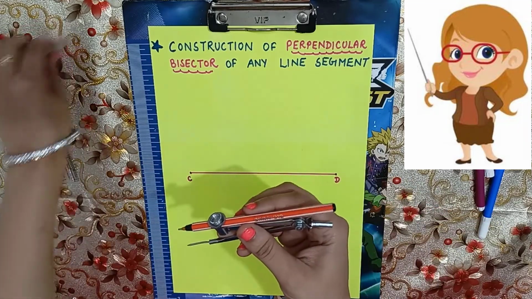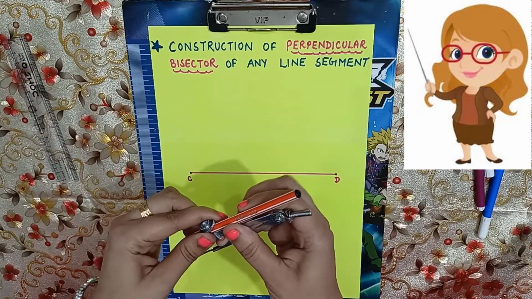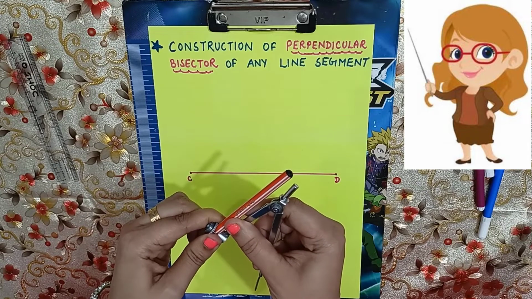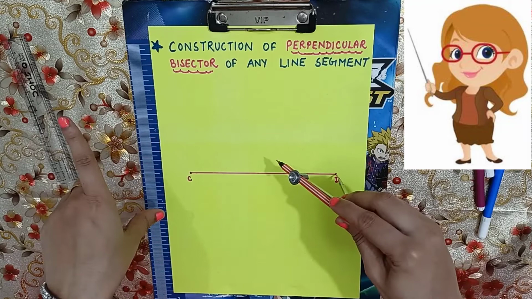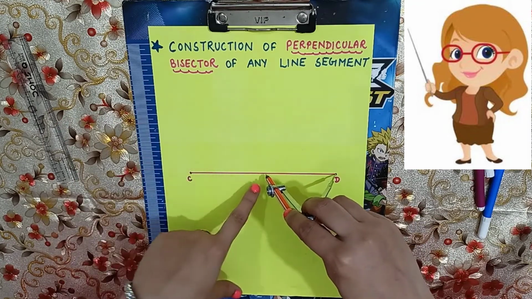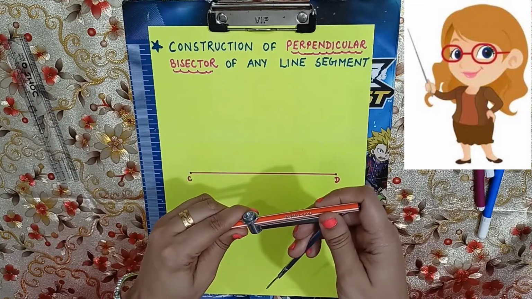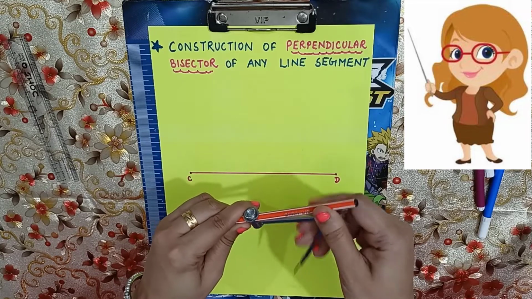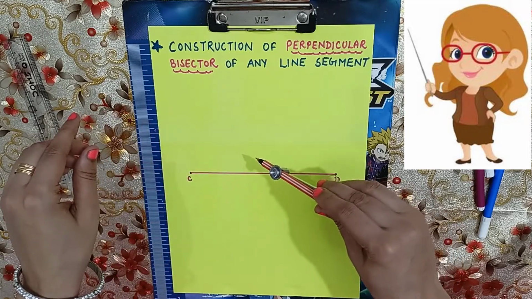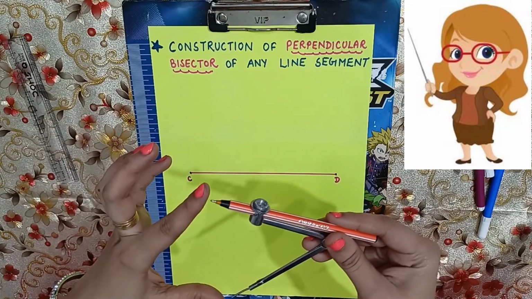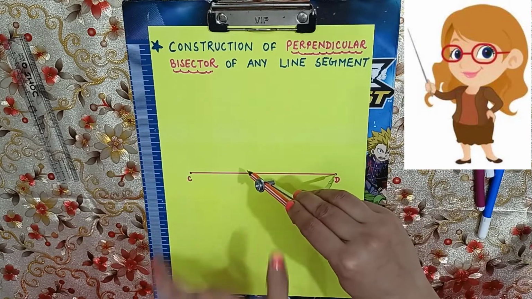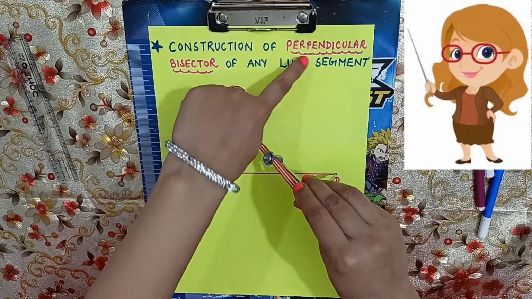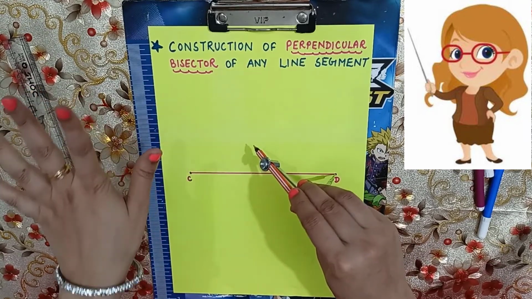Take your compass and extend it, and take any length which is more than half of the given line segment. It's not half. Now extend it. Now see, now this length is more than half. It should be more than half, then only we can construct it, otherwise it will be wrong.